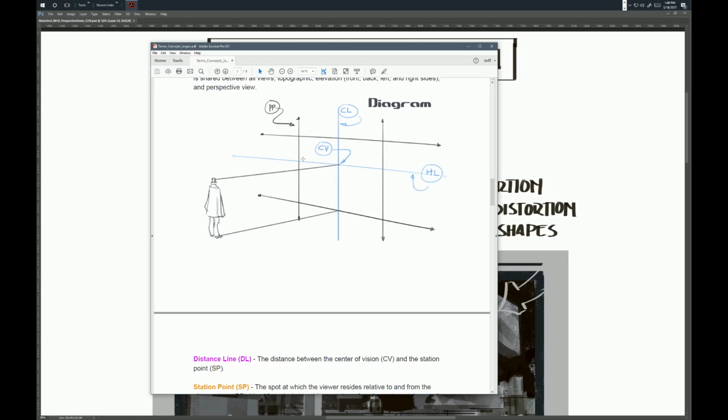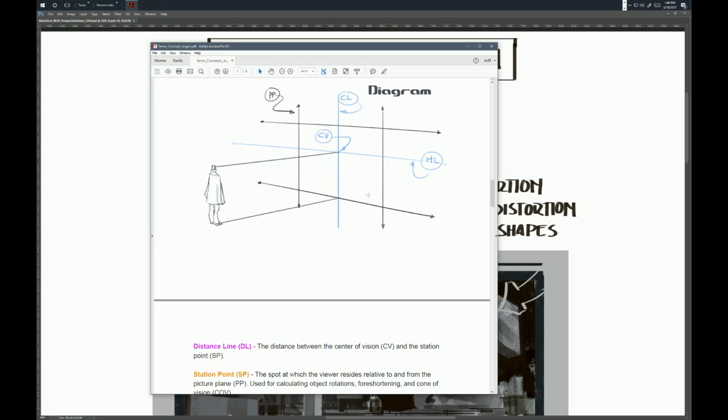Also, the horizon line is perpendicular and 90 degrees from the line of sight. And the horizon line and the center line are 90 degrees from each other. So the center line is squared with the picture plane, and it is perfectly vertical. And the horizon line is squared with the picture plane and is perfectly horizontal.